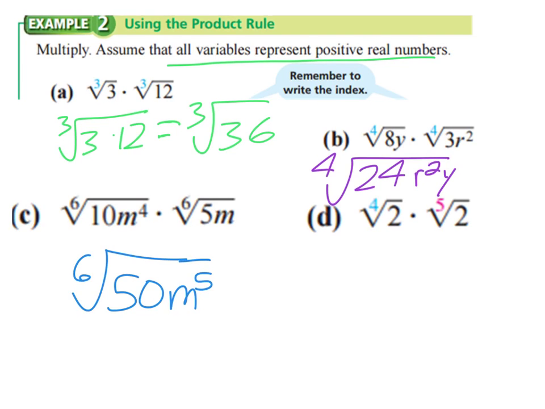And then when we have something like a fourth root of 2 and a fifth root of 2, we can't use the product rule as a way to simplify that. We will take a look at an example where we can get a common index, but for now we're just saying we can't use the product rule to get that done.